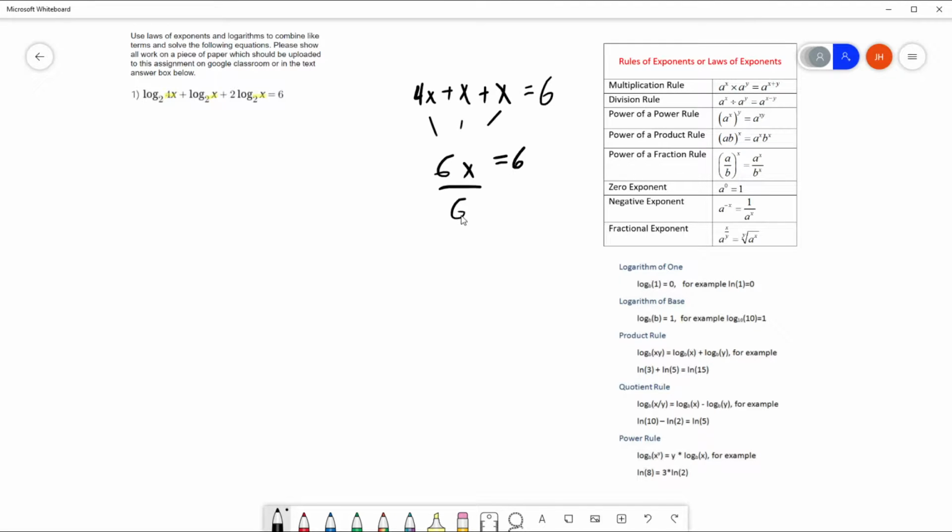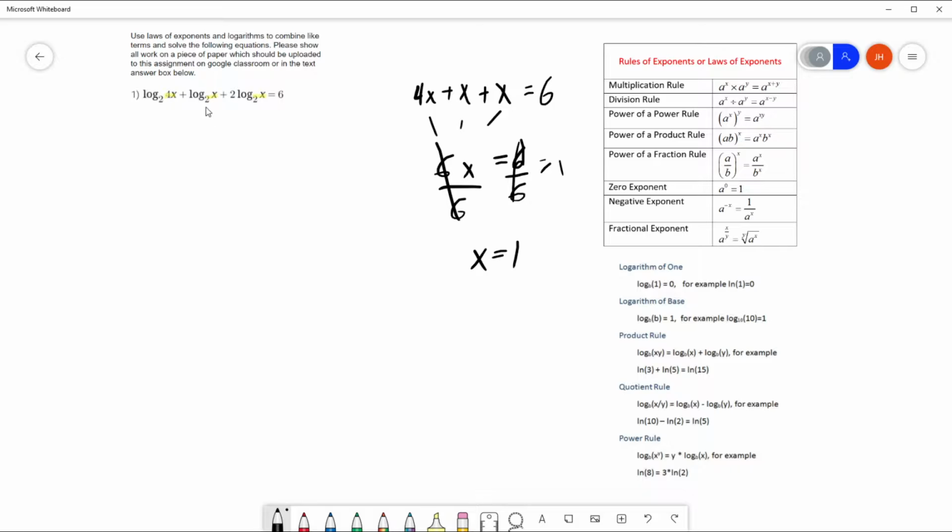And then by dividing both sides by 6, I would get x equals 1. In a similar fashion, we're going to want to combine all these logarithms into a single one, because it's going to enable us to undo the logarithm. In its current state, it's going to be kind of annoying to undo all these logs. But if I can get them to all be a single logarithm, then it'll be pretty easy.